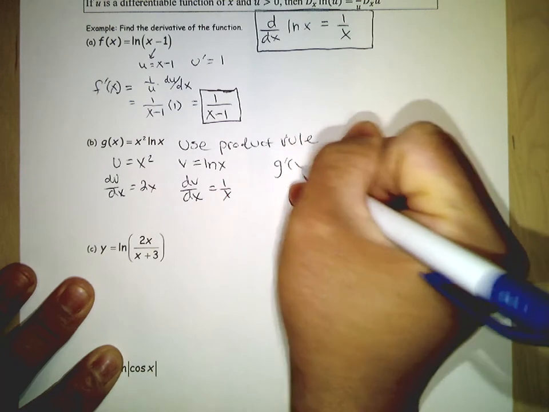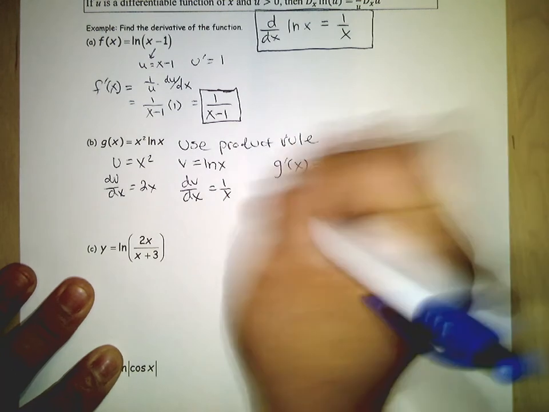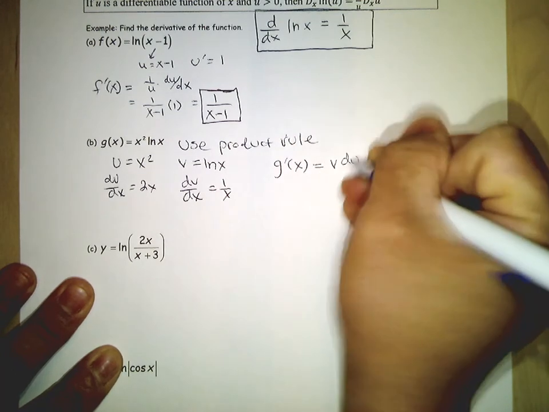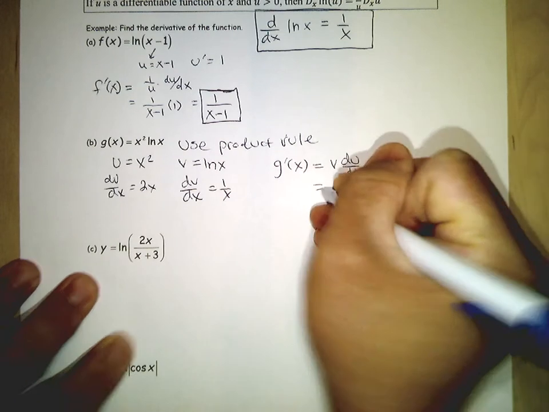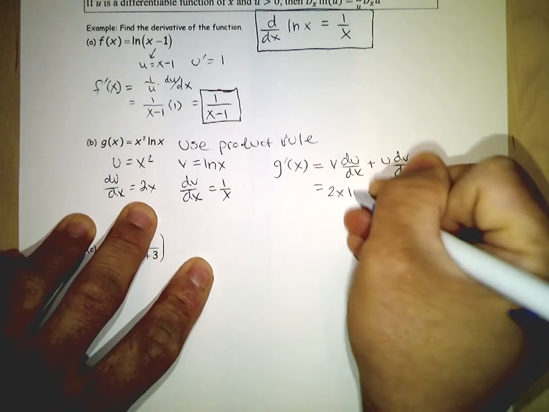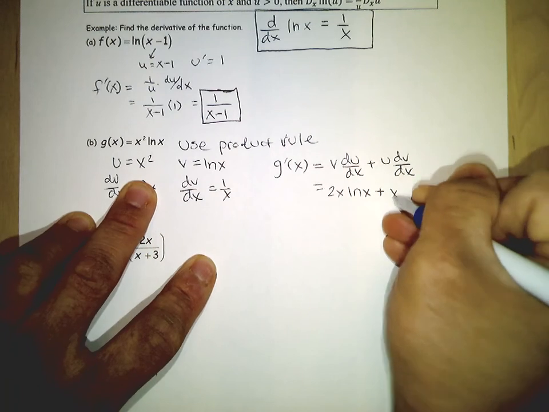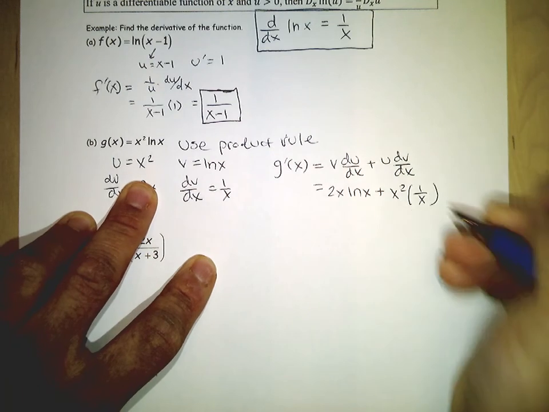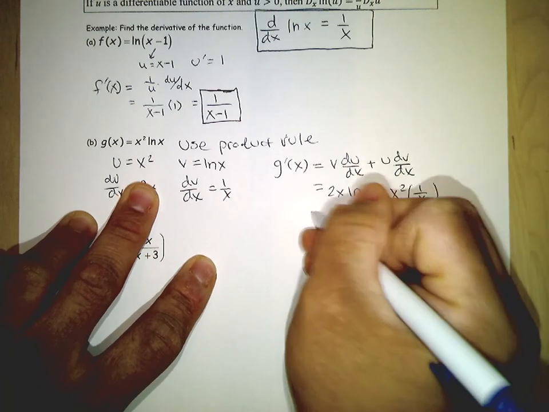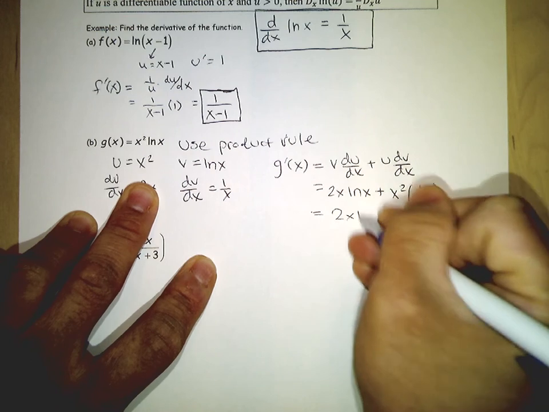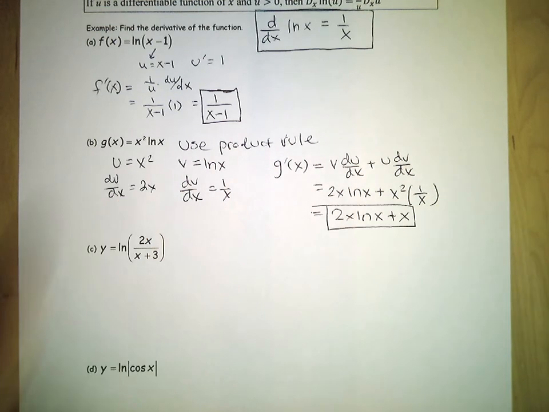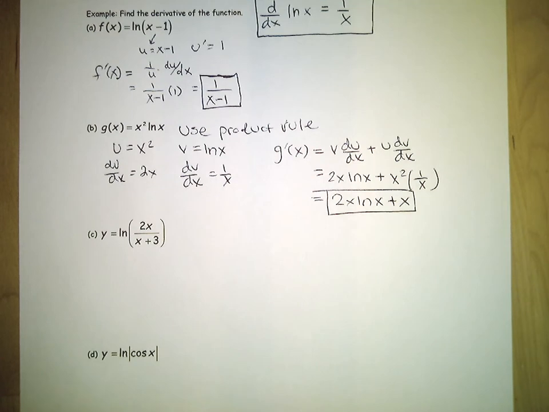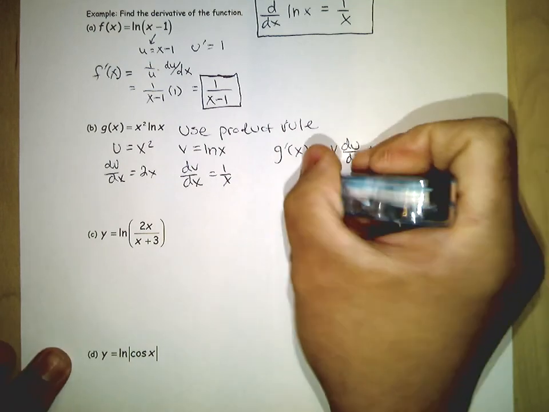So g prime of x will be v du/dx plus u dv/dx. So that is 2x natural log of x plus x squared times 1 over x. And x squared times 1 over x then is just x. So it's 2x natural log of x plus x.